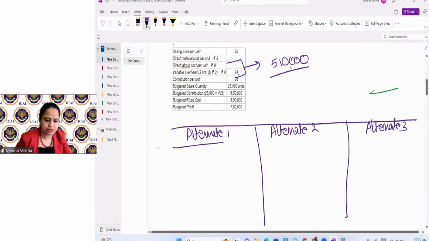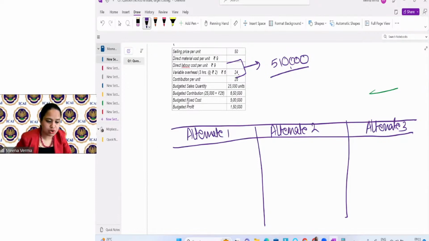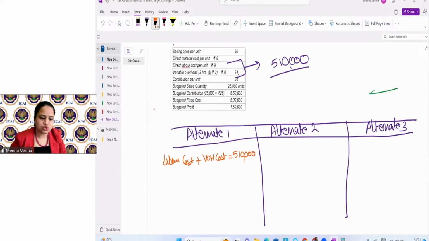So we have taken 3 alternates here, and we will see what will be our labor cost plus our variable overhead cost. That will be equal to 5,10,000. This is what we have done. So how will we calculate the labor cost and how will we calculate the variable overhead cost?